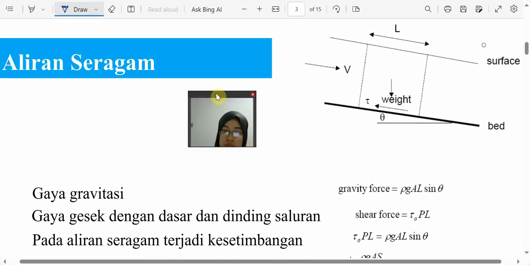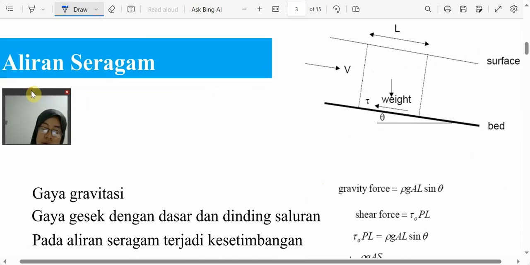Okay, in this lecture we will talk much about the roughness or the friction factor from many equations, okay?